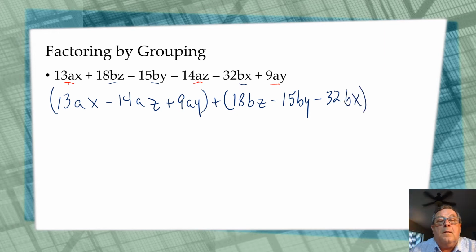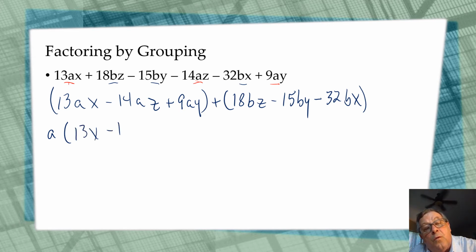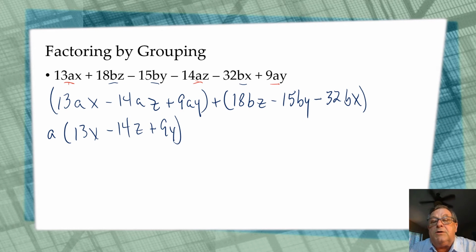All right, well, let's see, 13ax minus 14az plus 9ay. On my coefficients, well, 13 is a prime number. All I can factor out is an a. That's going to leave me with 13x minus 14z plus 9y. 18, 15, 32.